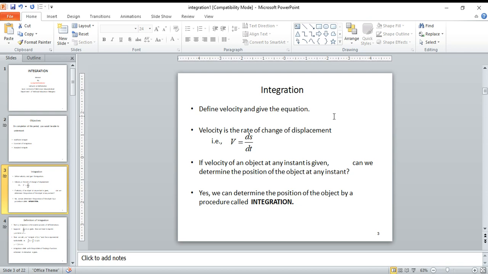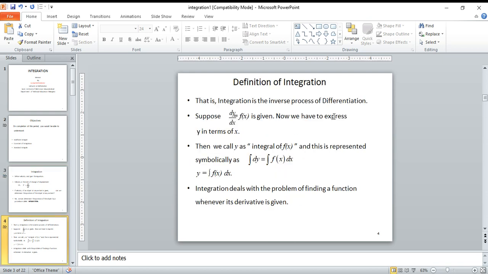Definition of integration: integration is the inverse process of differentiation.